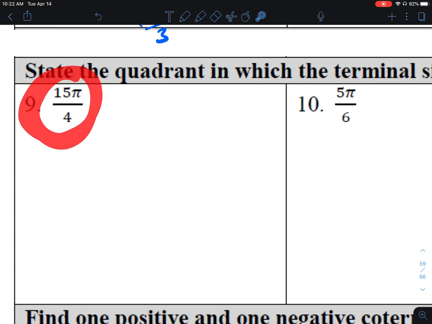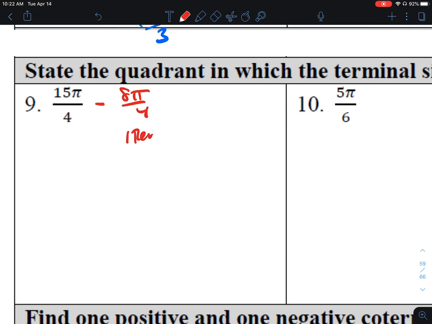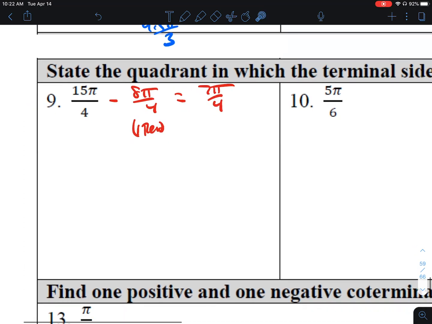This is clearly bigger than 2 pi, because if 4 is on the bottom and 8 was on the top, 8 pi over 4, excuse me, that would be 2 pi. So I'm going to subtract from this a complete revolution. If I do that, I'm going to get 7 pi over 4. So these are not the same angles, but they do have the same terminal side. This is a coterminal angle.